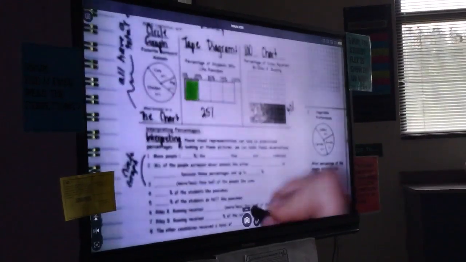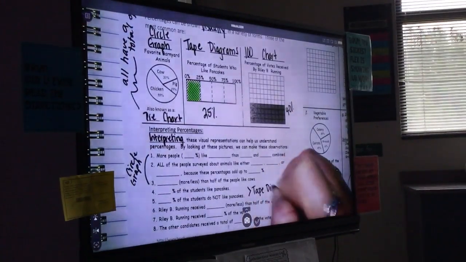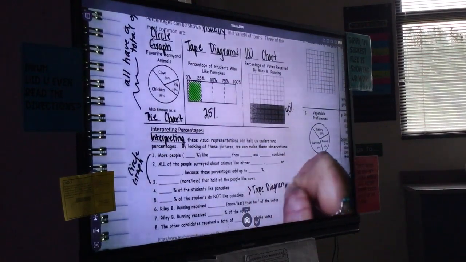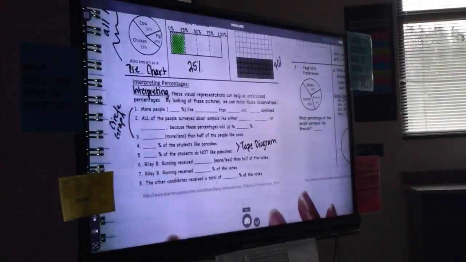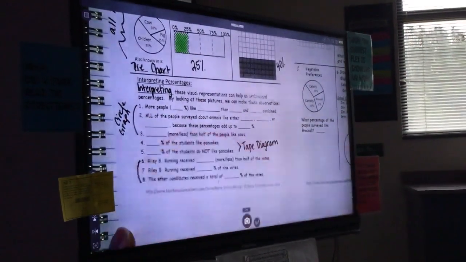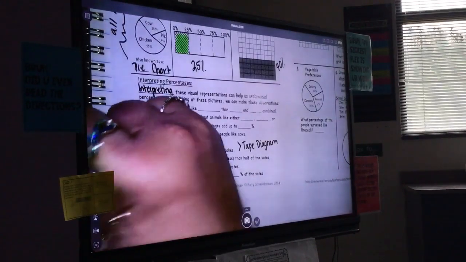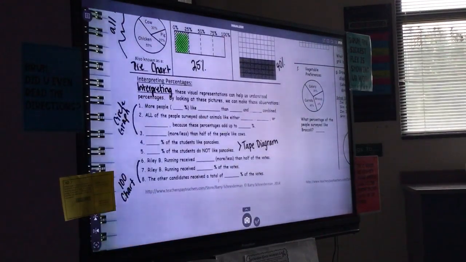For 4 and 5, we're going to be using the tape diagram. And then for 6, 7, and 8, we're going to be using the hundreds chart. That way you kind of just know where to look when we're trying to answer these questions.